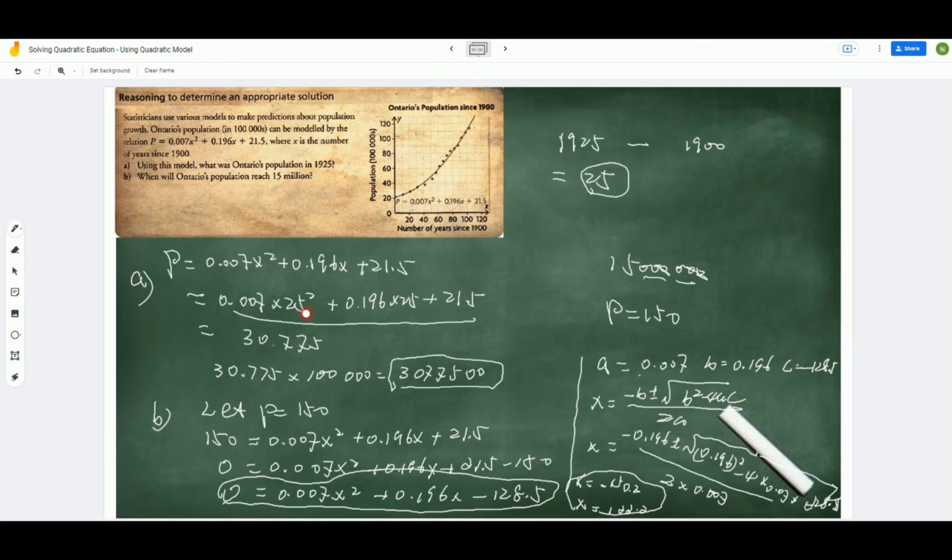Number of years: 1900 plus 120 equals 2020. Which means that in order to reach 50 million people, the year should be about 2020. Okay, that's it. Thank you for watching.